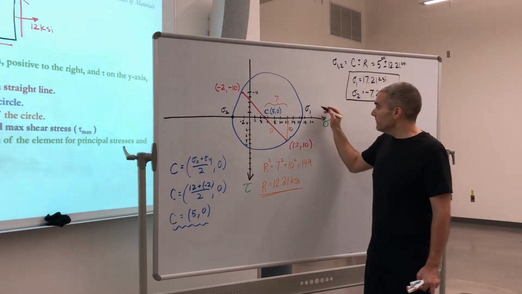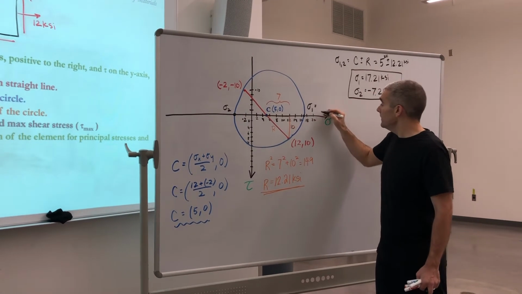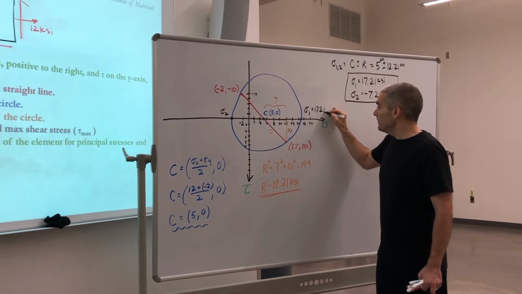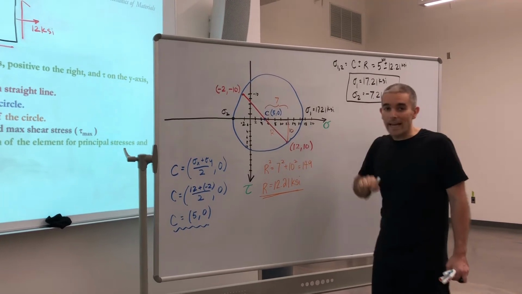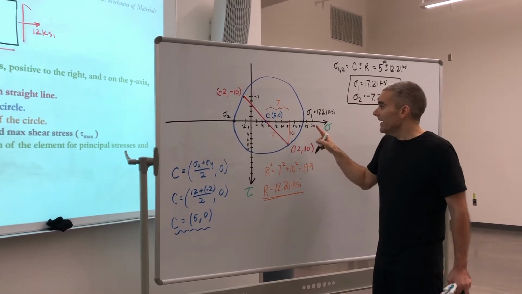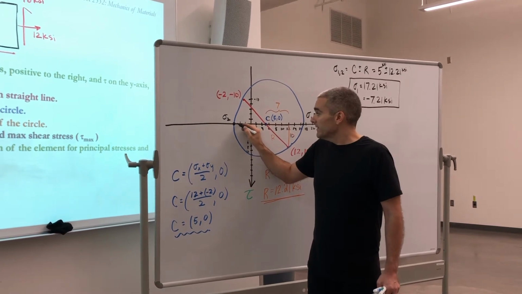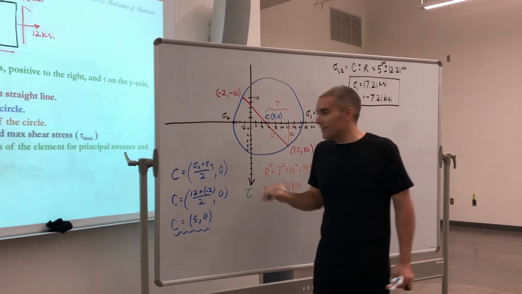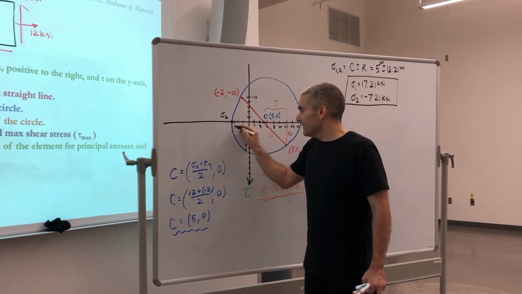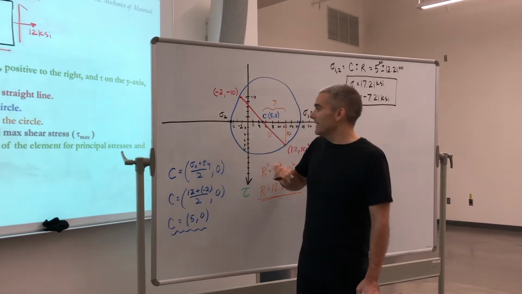There we have our principal stresses. This is equal to 17.21, so it looks like I did pretty good drawing the circle there. This one's at minus 7, not too terrible. This is minus 6, somewhere between there.